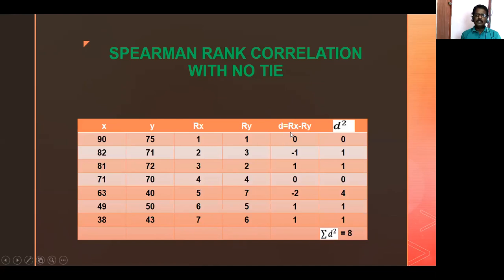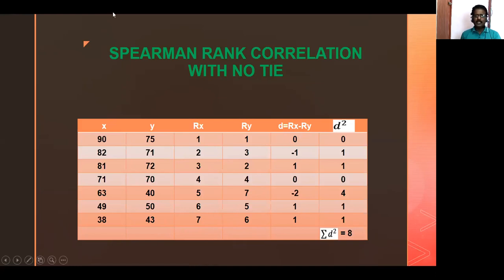Now find the difference between the X and Y rank values, that is d equal to Rx minus Ry. So 1 minus 1 is 0, 2 minus 3 is minus 1, 3 minus 2 is 1, 4 minus 4 is 0, 5 minus 7 is minus 2, 6 minus 5 is 1, 7 minus 6 is 1.